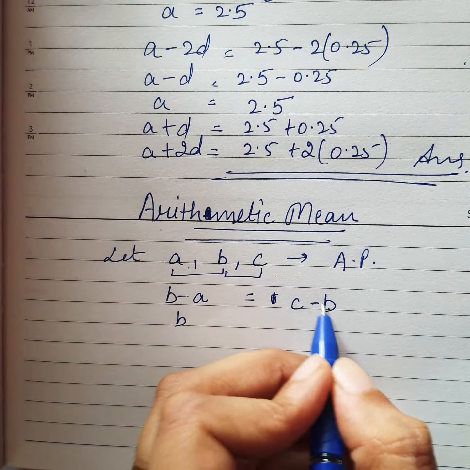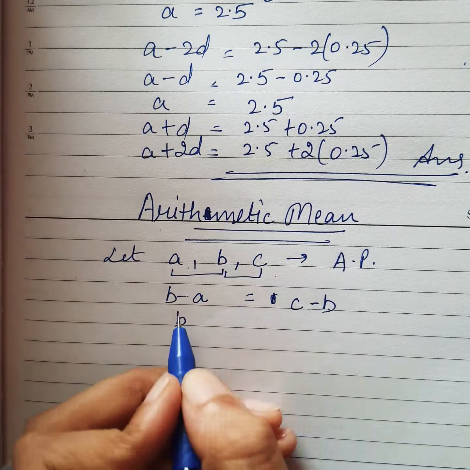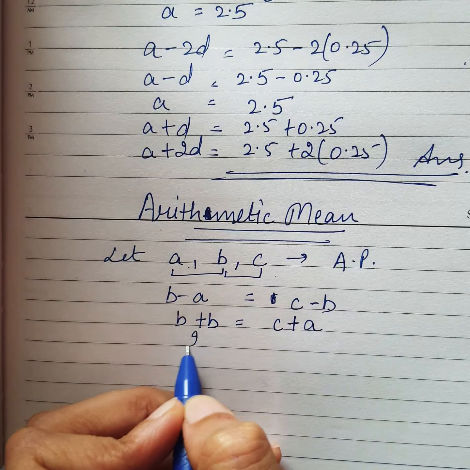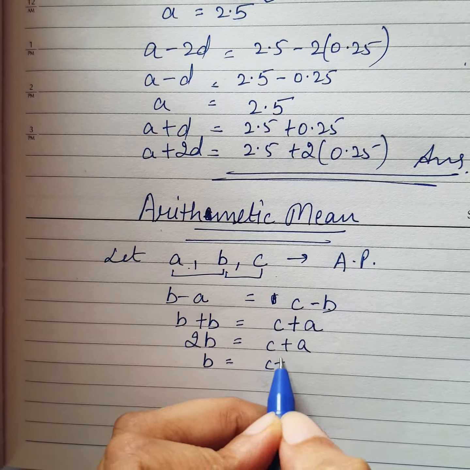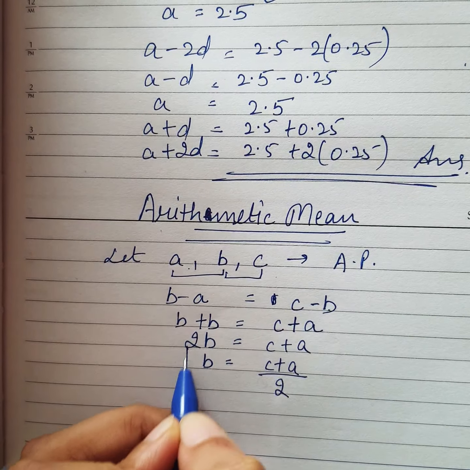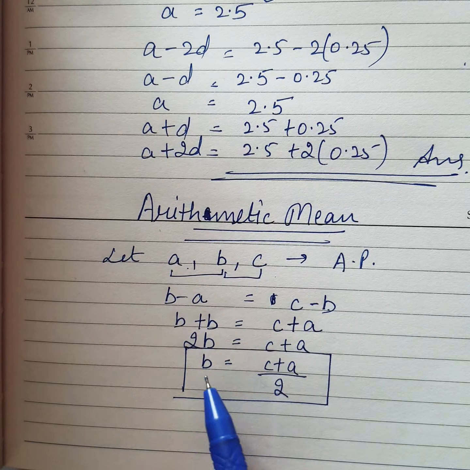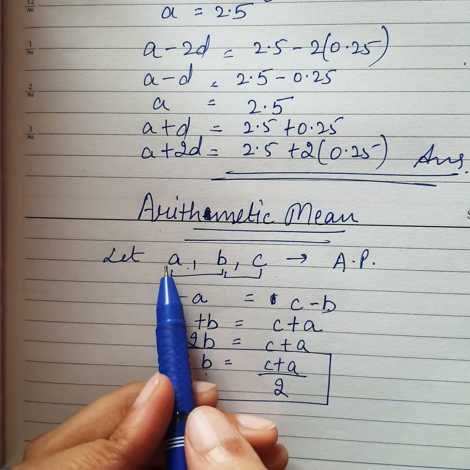So B will be shifted with plus B, and C minus A will come here, plus A. 2B is equal to C plus A, B is C plus A by 2. So the arithmetic mean between A and C will be this. Sum of both divided by 2.